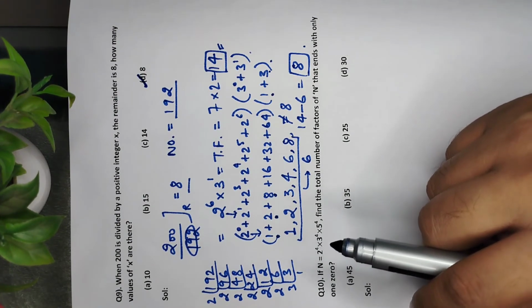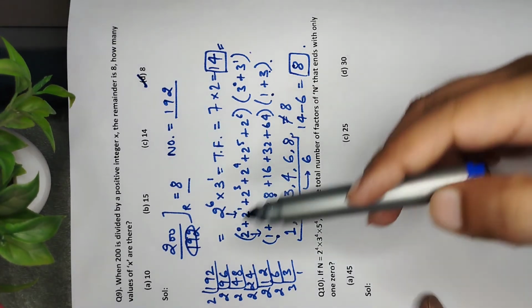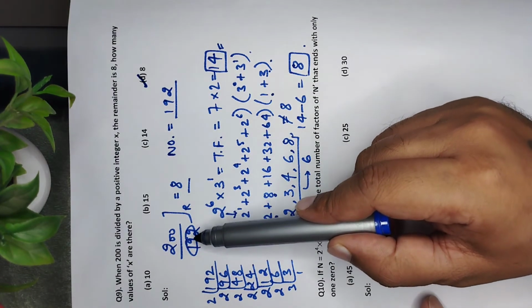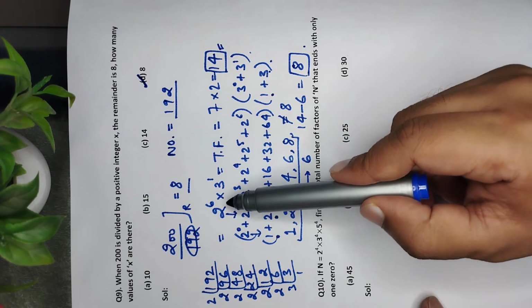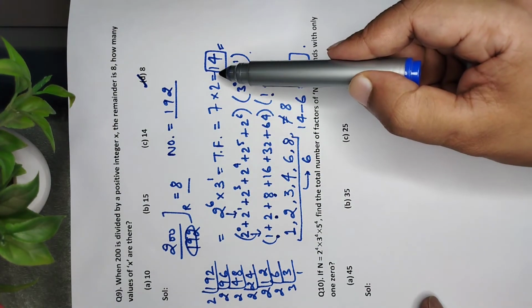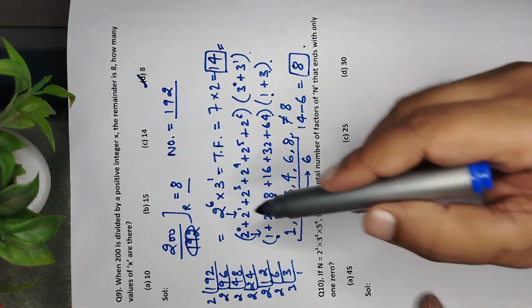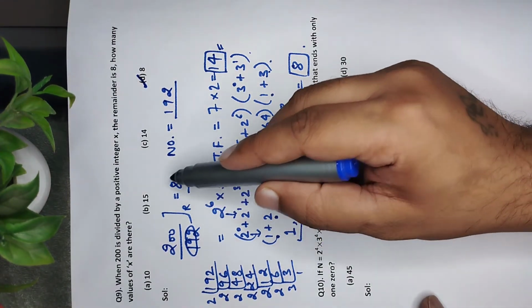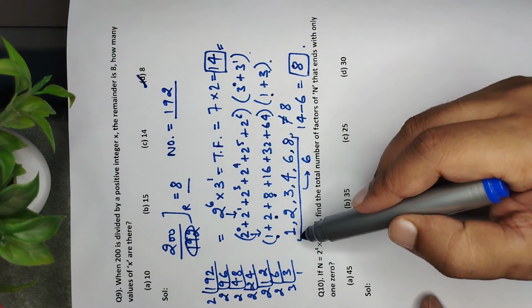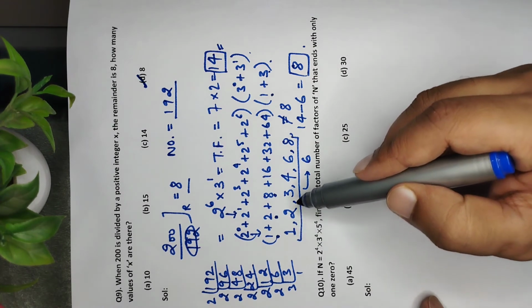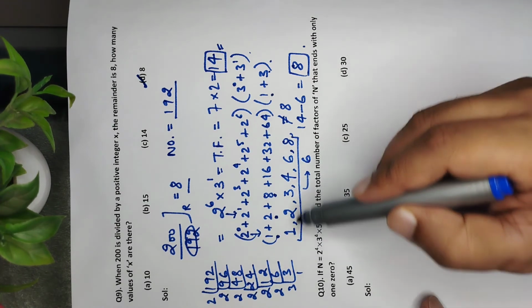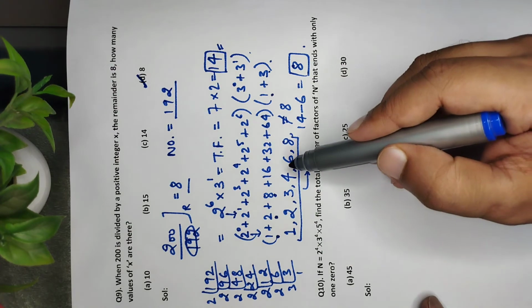You just have to understand what they are asking in this. First of all, identify the number, write down its total factors, and then after writing the total factors, count all the numbers from 1 till 8, like 1, 2, 3, and also check whether these are factors or not.